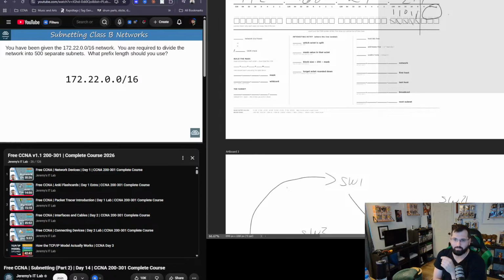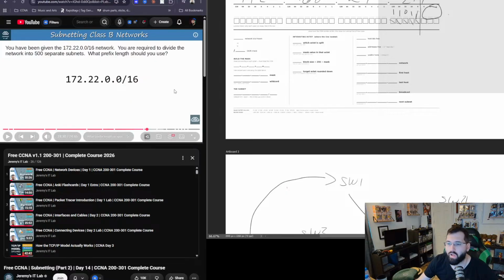So we're going to divide this into 500 separate subnets. Oh, no. You've been given 172.22.0.0/16.